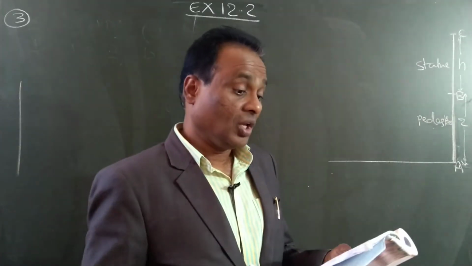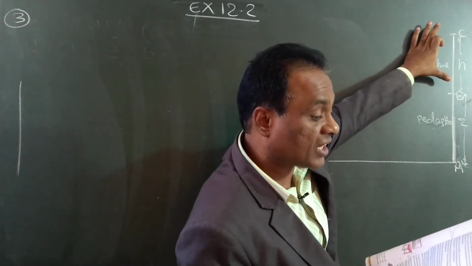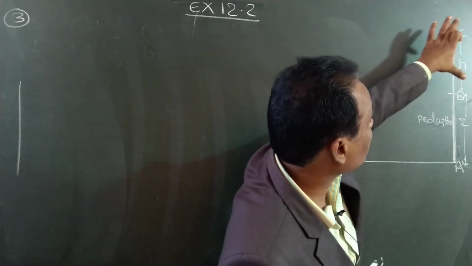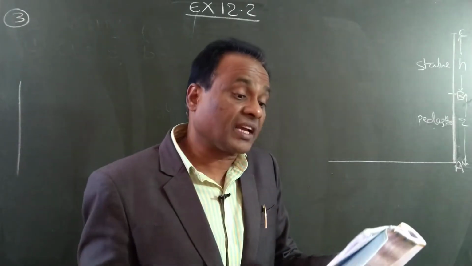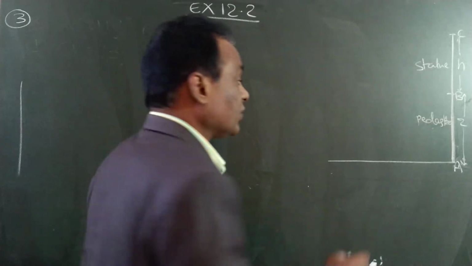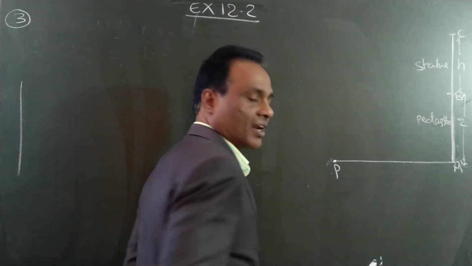See the question. A statue is standing on the top of a 2 meters pedestal. From a point on the ground, the angle of elevation of the top of the statue is 60 degrees. See here, this is the point on the ground.